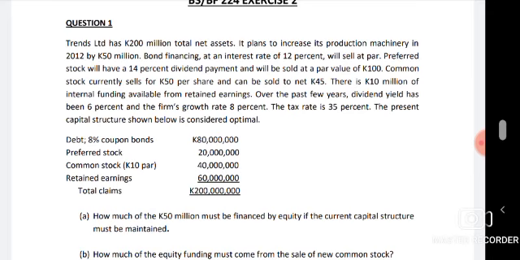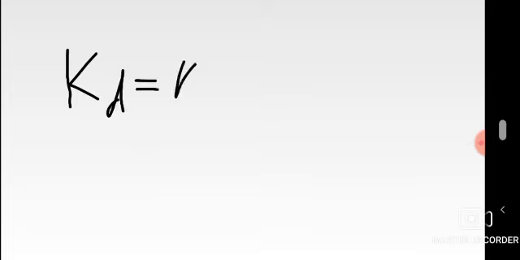So what would be the cost of debt after tax, given that the before is 12%? Look for the tax rate. I've seen it as 35 in my case. So let's just quickly find that figure and see our cost of debt that we'll use, and of course solve our question. So we're looking at debt rates. KD is the cost after tax.